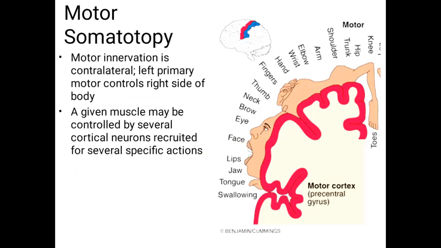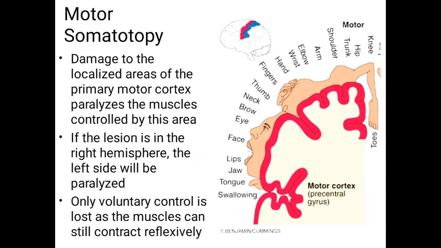Motor innervation is contralateral. For example, the left primary motor area controls the right side of the body. Damage to a localized area of the primary motor cortex paralyzes the muscles controlled by that particular area, and the manifestation will be on the opposite side.